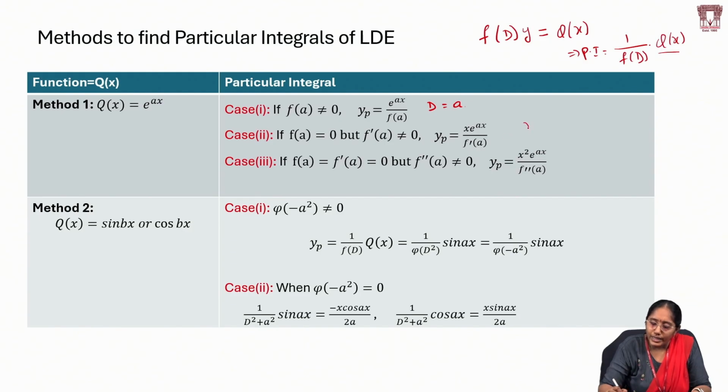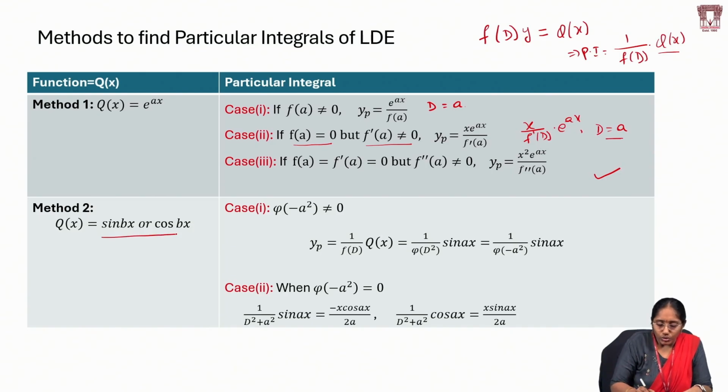Here it is x by f dash of D into e power ax, and replace D as a. This is applicable when f of a is equal to 0 and f dash of a is not equal to 0. Similarly, if f dash of a is also 0, in such a case we use x square by f double dash of a into e power ax. This is method 1.